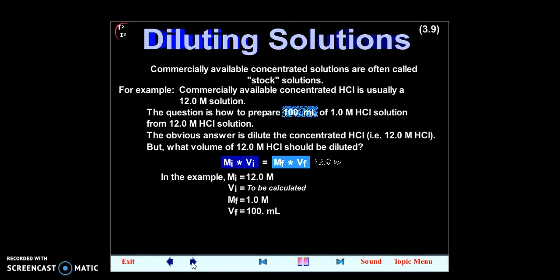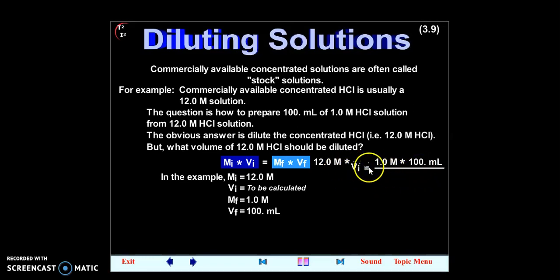Substituting these values in the equation above, MiVi equals MfVf, we get 12 times Vi equals 1 times 100 ml.